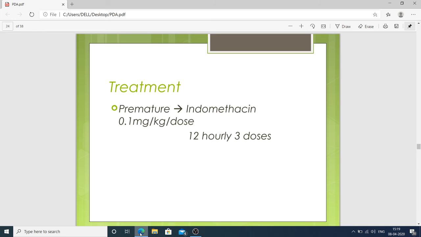This agent is more effective in preterm babies than term infants and should be administered before the age of 10 days. It is given orally or intravenously in a dose of 0.2 mg per kg and may be repeated up to 3 times at an interval of 12 to 24 hours.